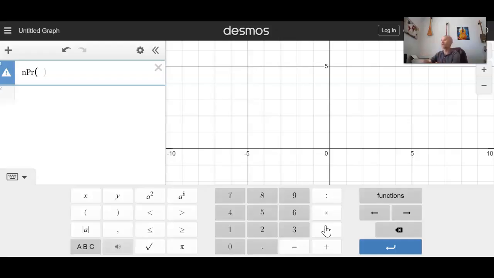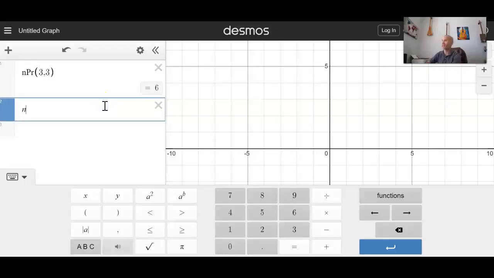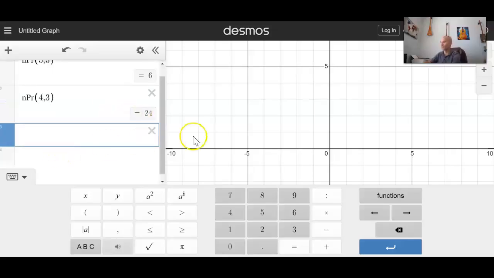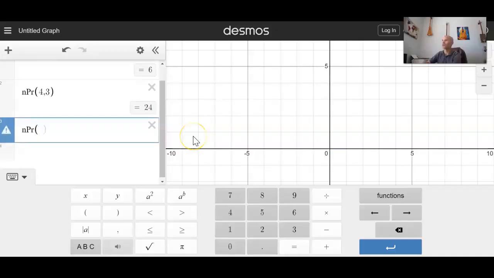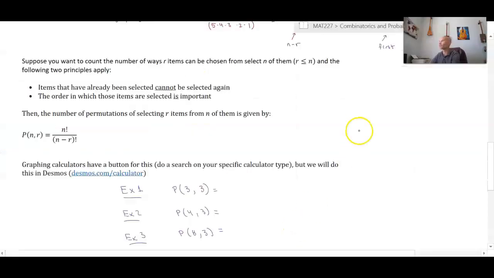So in our first example we had 3 letters, from them select 3, and we get an answer of 6. Much faster. Now you could also just type in nPr, and you see that it goes from italic to regular typesetting, and here we had 4 letters, select 3 of them, we came up with 24. nPr, 8 candidates, select 3 of them, we came up with 336.